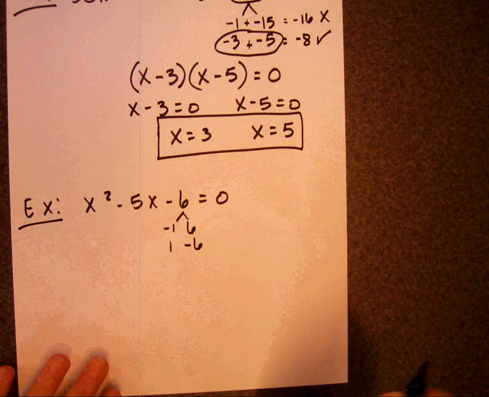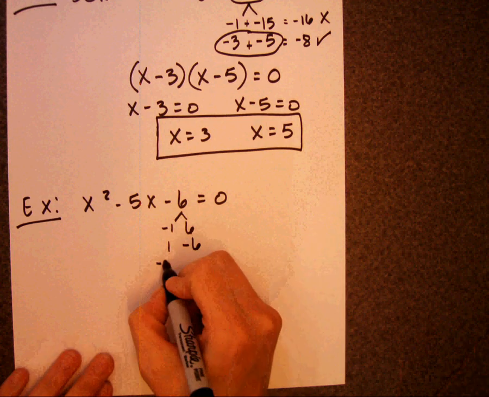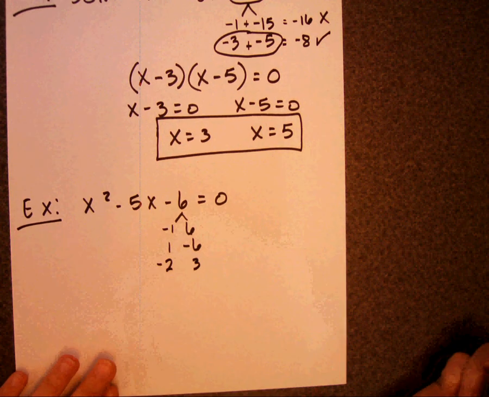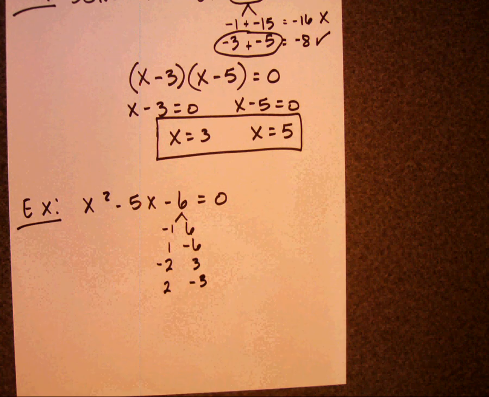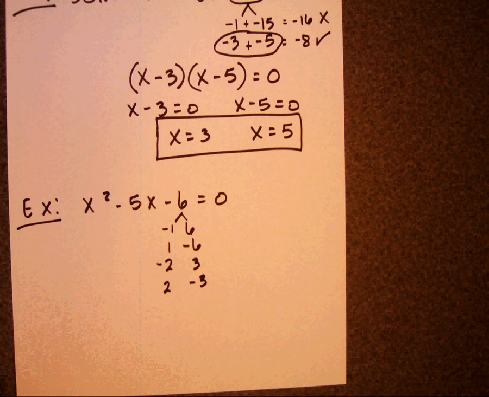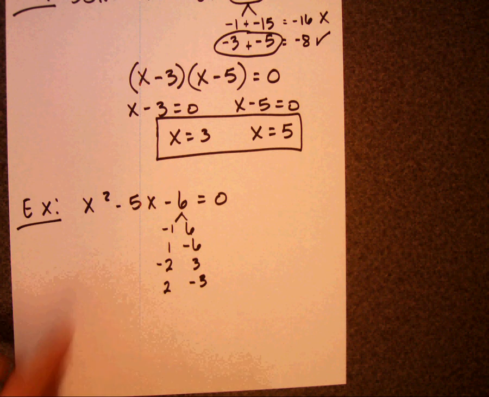Also, I know 2 times 3 is 6, so that means that -2 times +3 is -6, and +2 times -3 is also -6. So now these are my 4 options as far as pairs of factors go, and I need to figure out which pair is going to add together to give me -5.